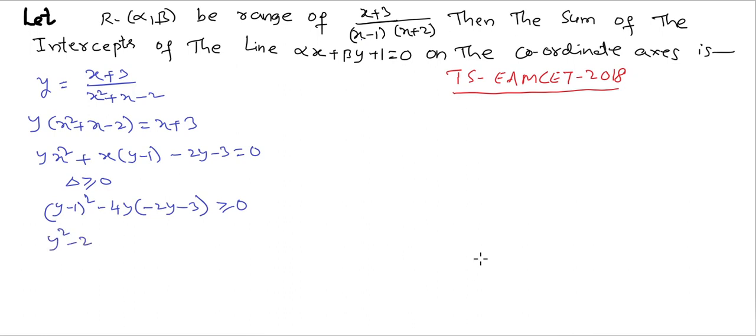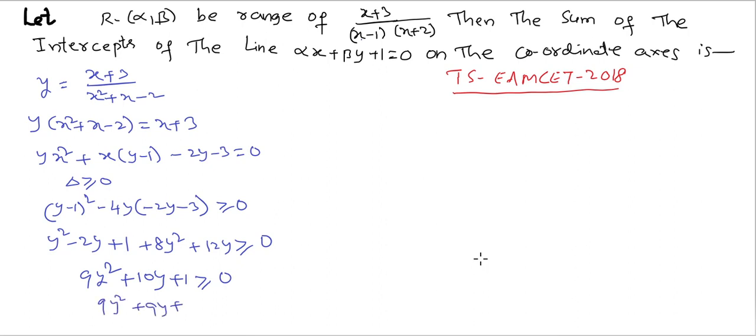y² - 2y + 1 + 8y² + 12y is greater than or equal to 0. 8y² + y² is 9y², so 9y² + 10y + 1 is greater than or equal to 0.